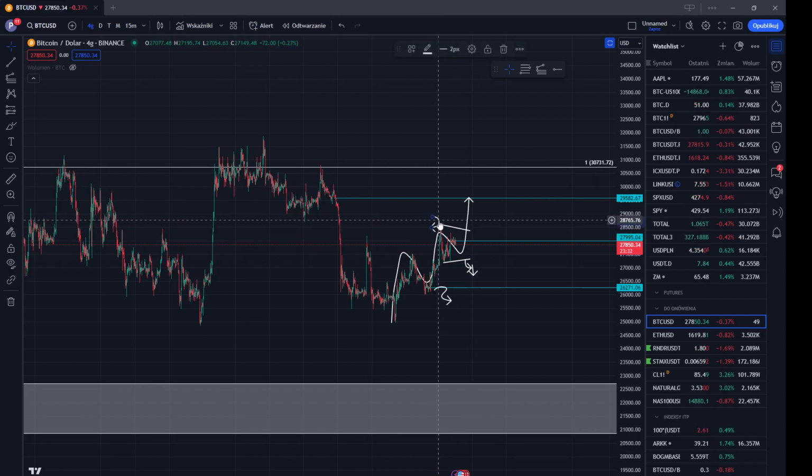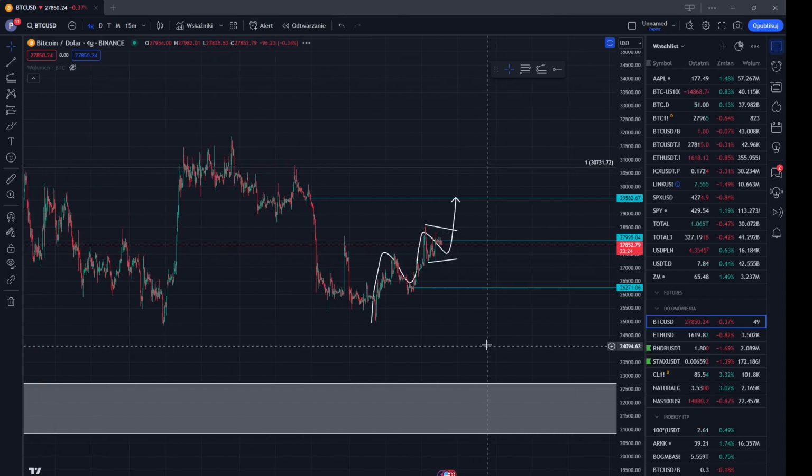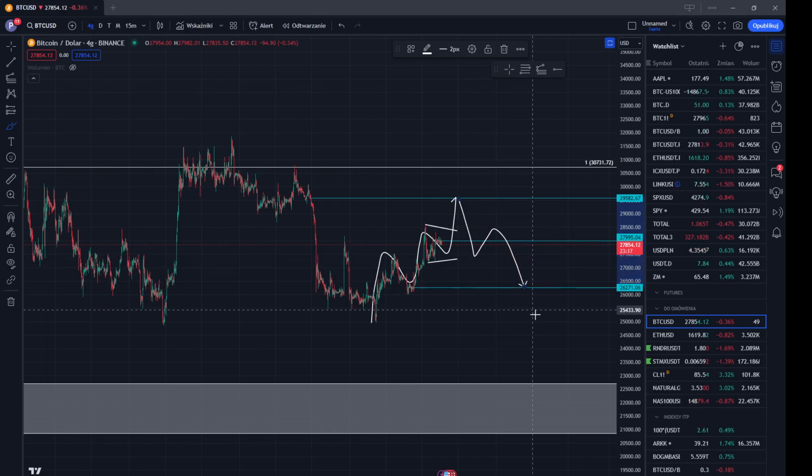So with one impulse, we need to reach at least 29,500. This is what I mentioned before, that I have a bullish scenario I will be looking out for. If we reach this level with one impulse, then I might look for long entries. What that means is I will want to see a 1, 2, 3 move down.